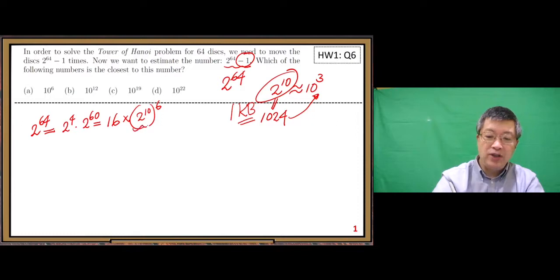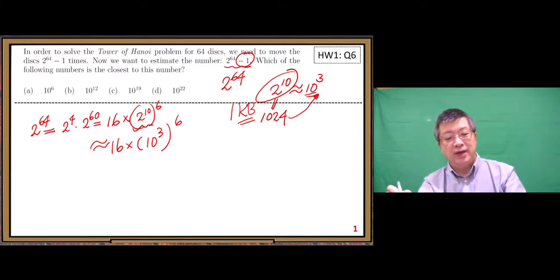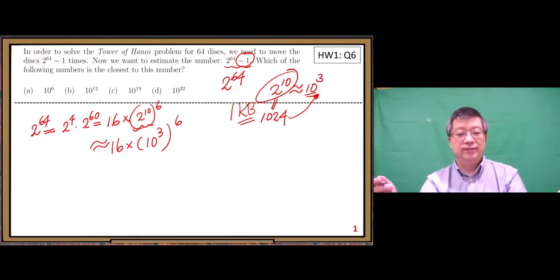Can we replace it by 10 cubed? Approximately 16 times 10 cubed to the 6th. How about that? Yeah, right?